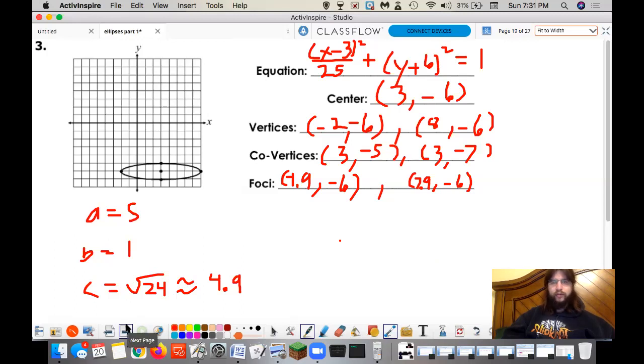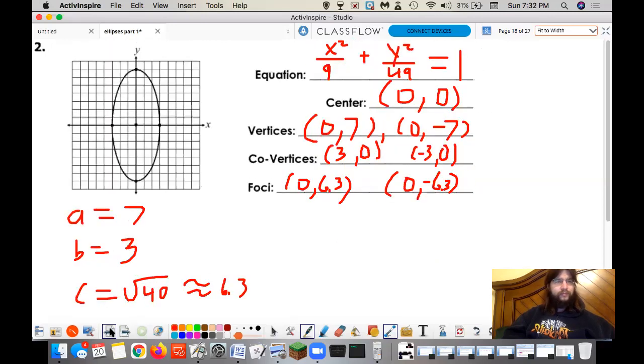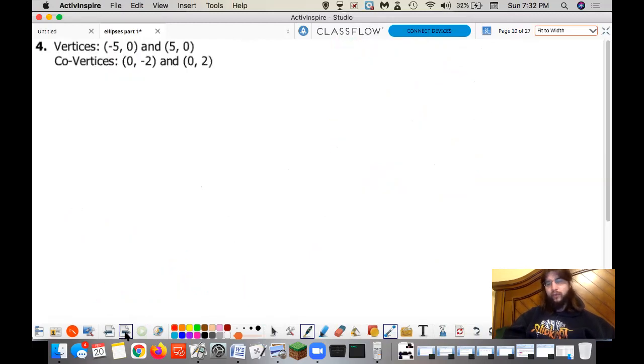Let's do one more graphing. Oh, or not. Okay, well, easy enough, right? You just get the points, write them down, fill it out. It's easy stuff. Now, what if we're given just vertices and co-vertices? What do we need to find the equation of the ellipse?